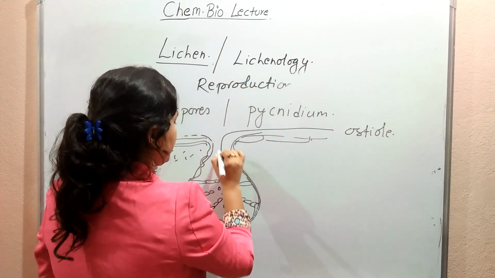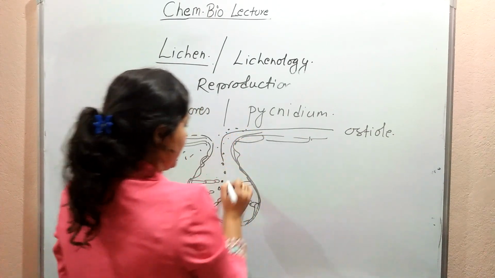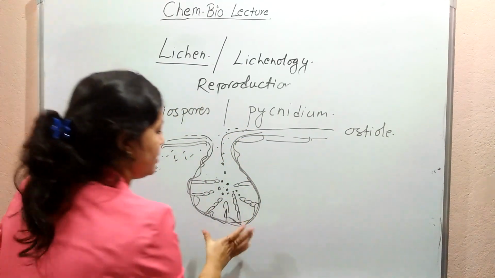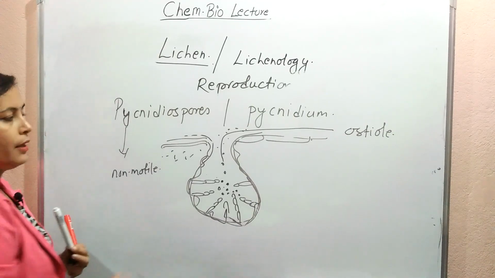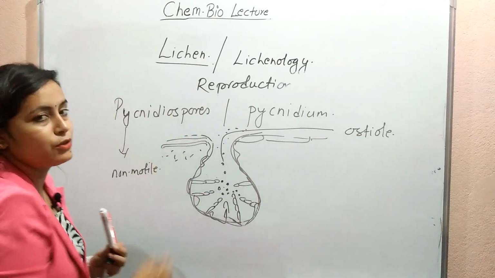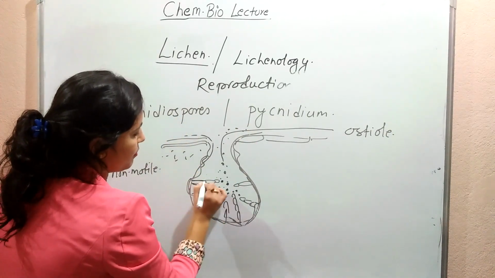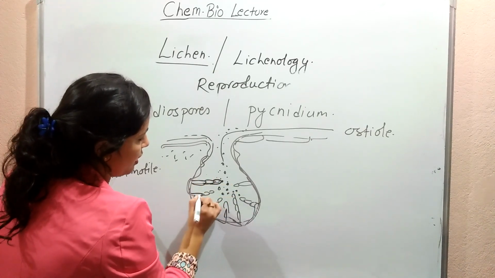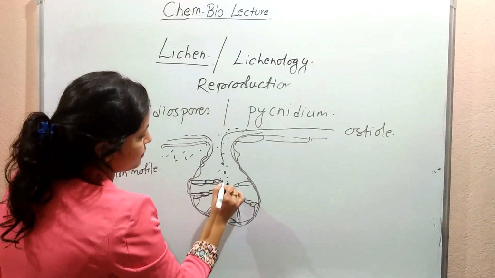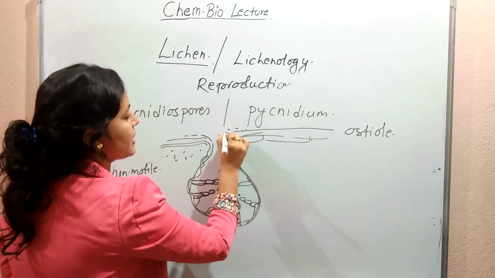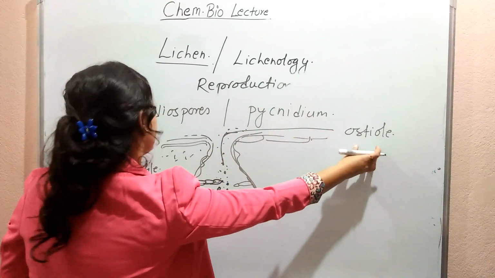These pycnidiospores are taken out from this flask-shaped structure, the pycnidium. They are formed from the fungal component, the fungal hyphae, and released from the opening, the ostiole.